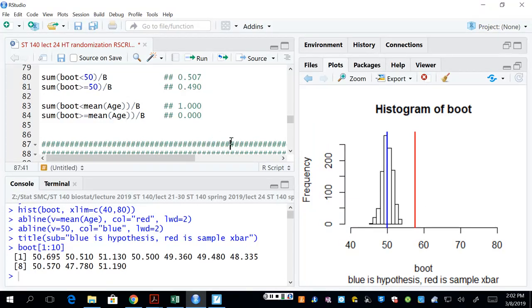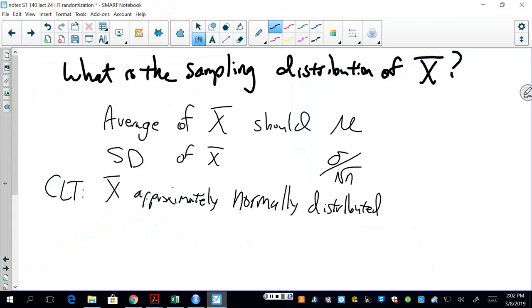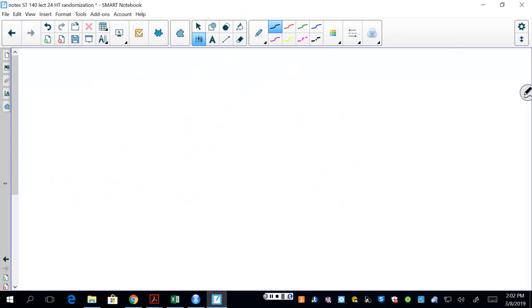And so in this case, because the randomization can't produce any averages that are close to that, we will reject the null hypothesis.